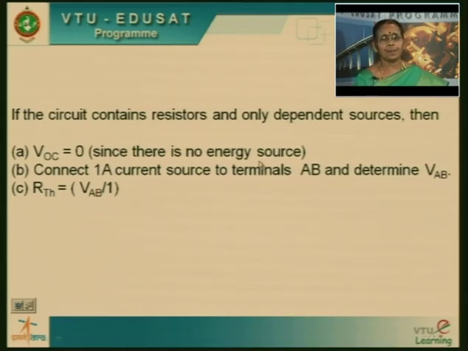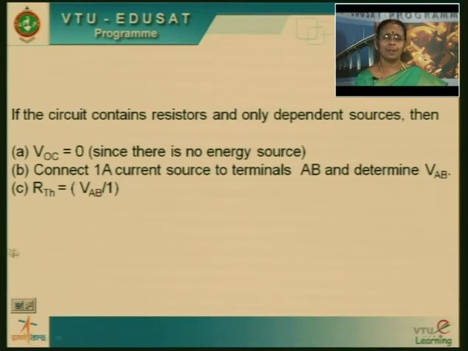If that is absent, then your open circuit voltage is also equal to 0. Finding the equivalent impedance is possible because it's a passive network and the resistance or impedance exists, so you can find the equivalent impedance there, but not the voltage. In order to find that, we need to have one energy source. So just assume that we are connecting a 1 ampere current source to the terminals AB and determine VAB.